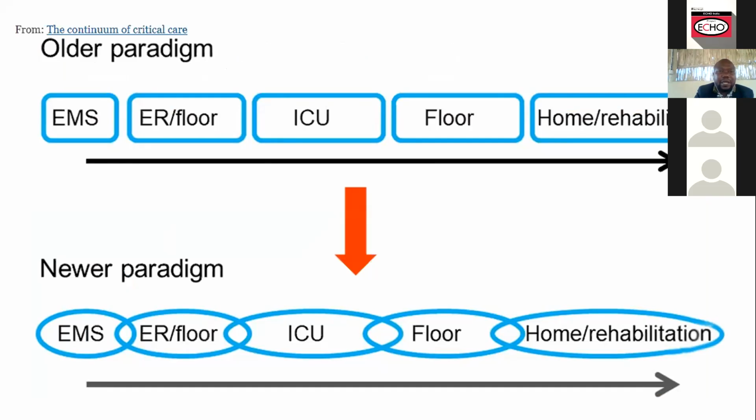So this is a continuum of critical care from SAMU, which we call EMS, to the ER, the emergency room or the floor, to the ICU, the formal ICU, and back to the floor. When we say back to the floor, we mean either surgical ward or internal medicine, where they do follow-up monitoring after the critical phase has been sorted out. And then home and rehabilitation, where we need discharge planning and to define what the patient has to do at home, and the follow-up to be done after discharge from your clinic. Next, please.